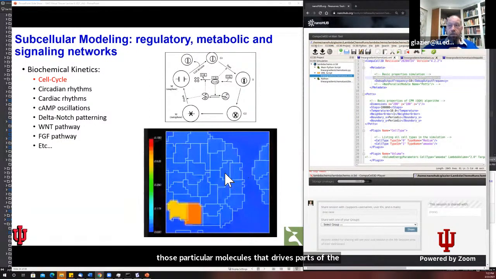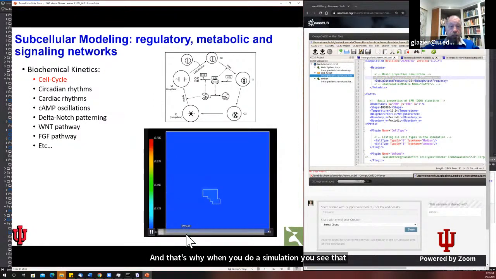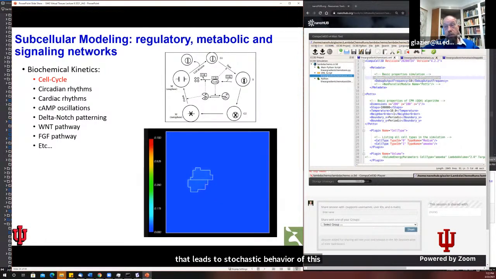And that's why when you do the simulation, you see that not all the cells are in the same phase of the cell cycle. As the cell grows, there's a stochasticity to the growth that leads to a stochastic behavior of the cell cycle model. Initially, they're in synchrony, and then as time goes on, you'll see them lose synchronization.